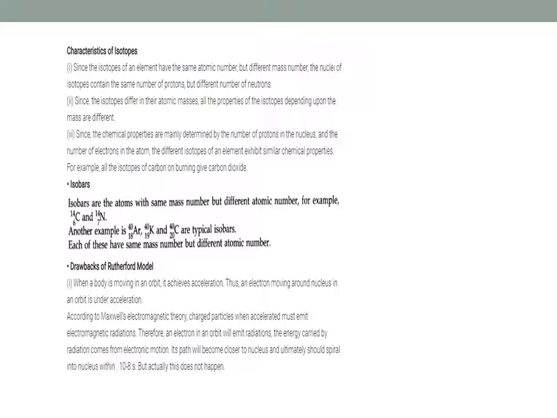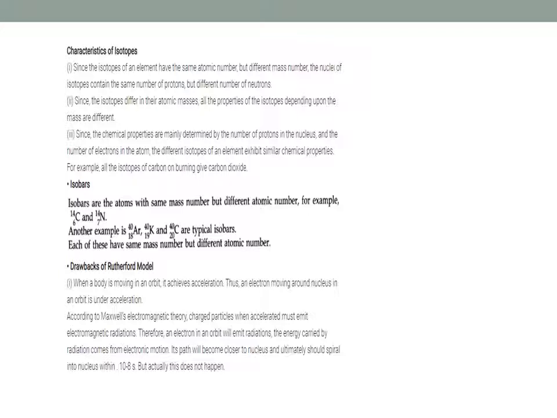Now, what are drawbacks of Rutherford model? Number 1. When a body is moving in an orbit, it achieves acceleration. Thus, an electron moving around nucleus in an orbit is under acceleration. According to Maxwell's electromagnetic theory, charged particles, when accelerated, must emit electromagnetic radiations.